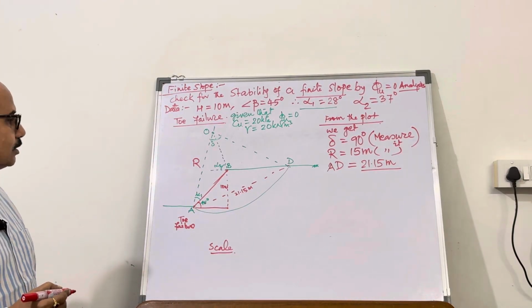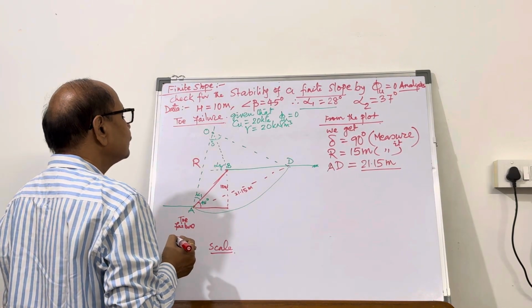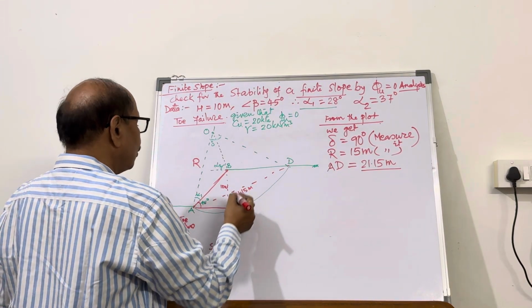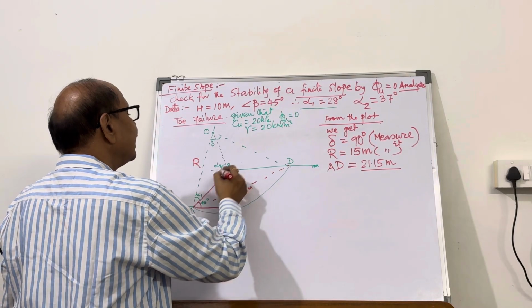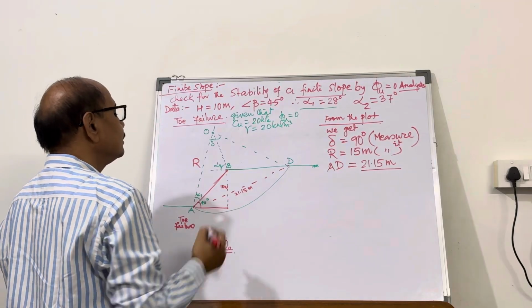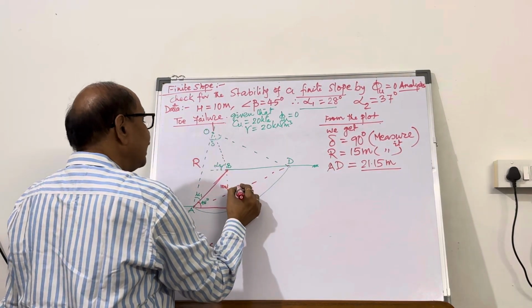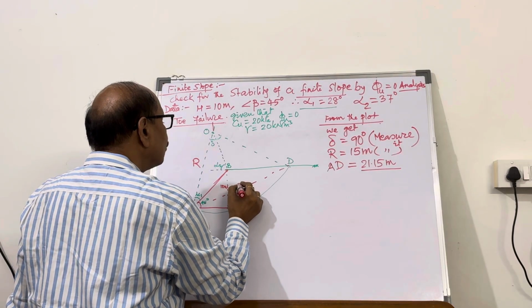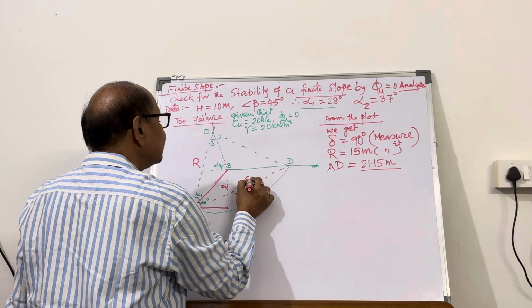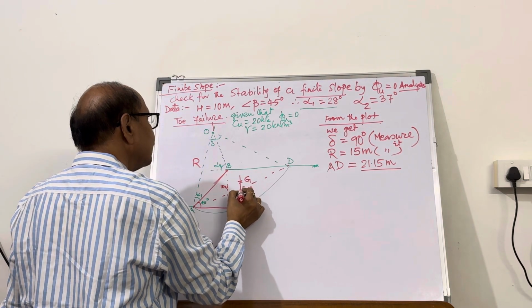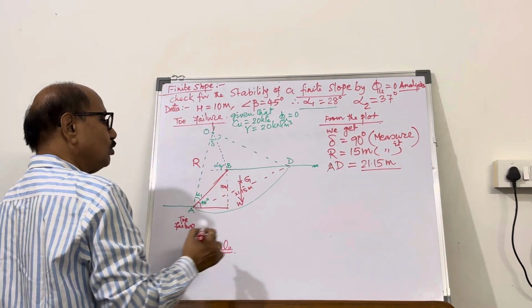Now, what you can do is find out the weight of this section ABDA, which will be acting at the center of gravity. This is the total weight that you need to calculate.